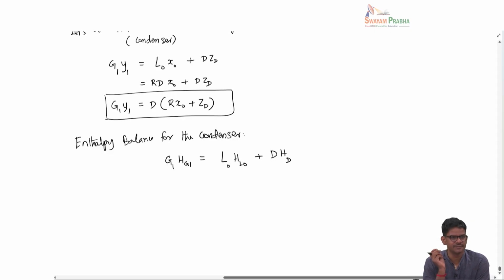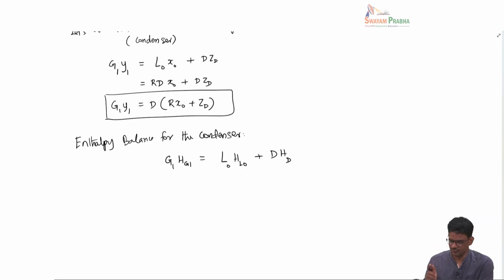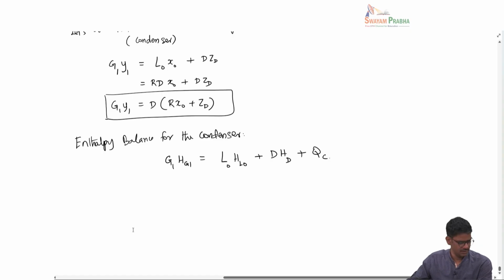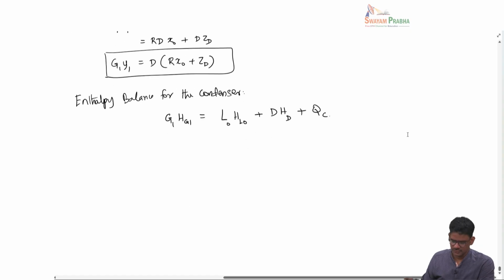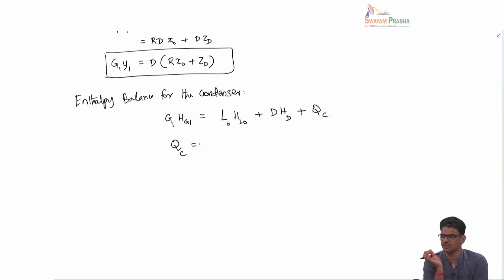What else? The heat removal, that is QC. Generally we are interested in calculating the cooling duty for the condenser, and to obtain it, this is the energy balance you should be doing.